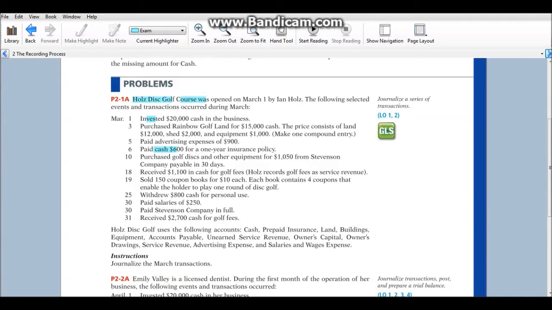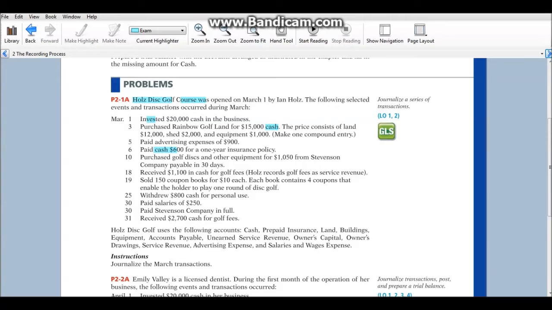So the thing is, if you see everything that deals with cash, it should be relatively easy. All right, it will definitely relate with cash. Okay, so the price consists of land 12,000, shed 2,000, and equipment for 1,000.